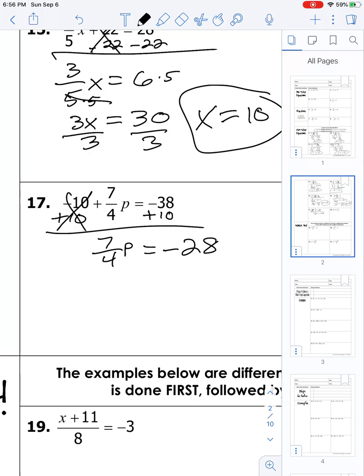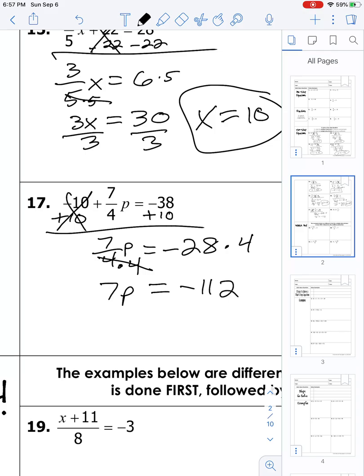How do we get rid of it? Well, we're going to multiply by the bottom of the fraction. So that leaves us with 7p equals, and then we've got negative 28 times 4, which is negative 112.